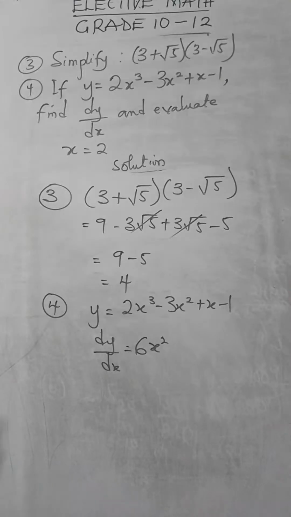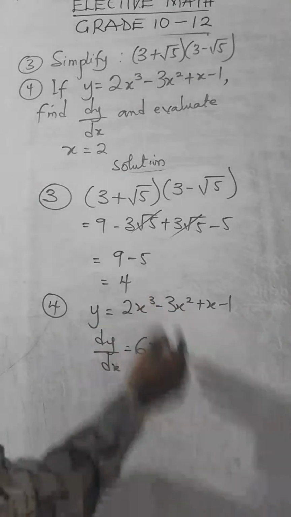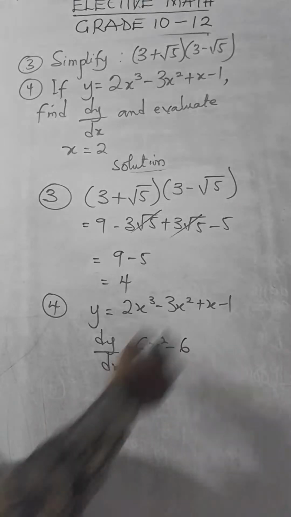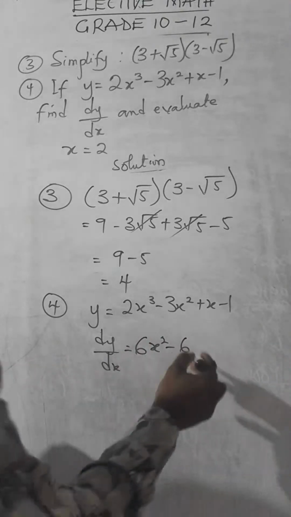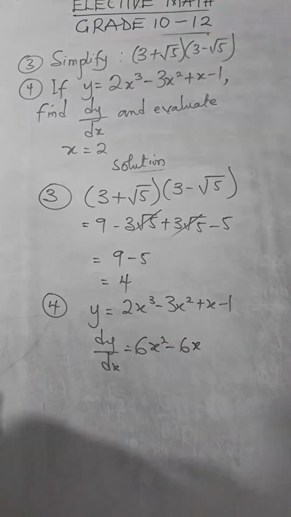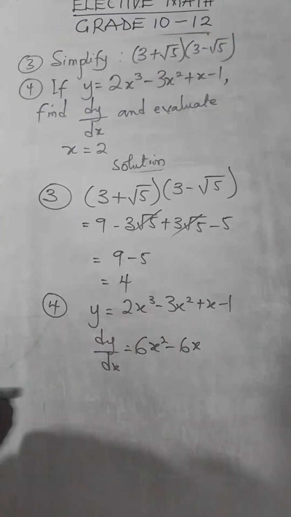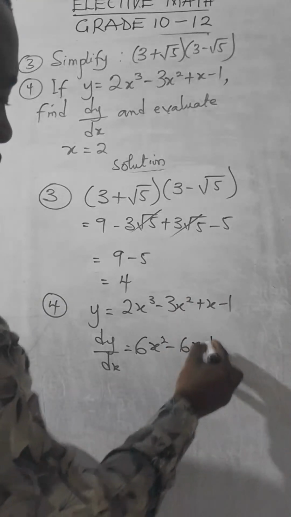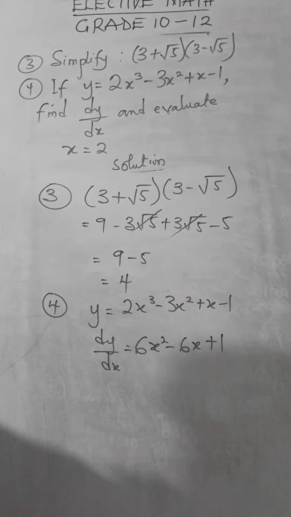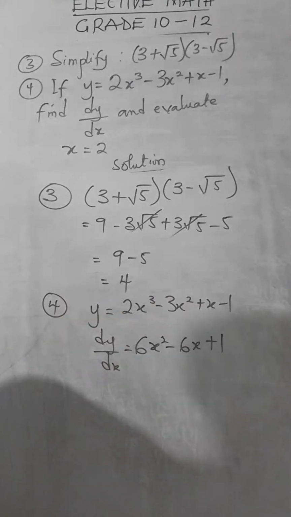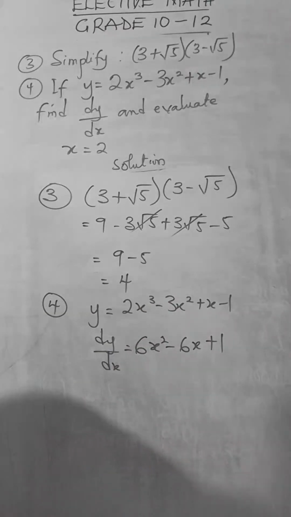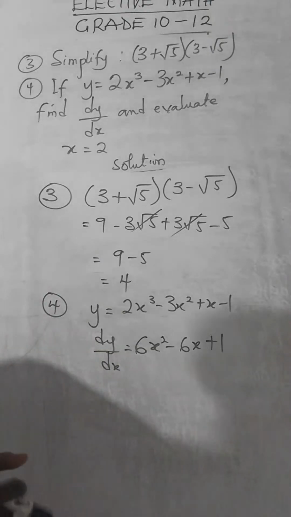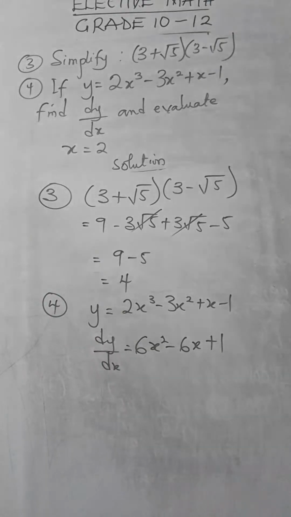The same thing with this: 2 times 3 gives us 6, you reduce the exponent by 1, so the exponent becomes 1. Then for x minus 1, you get x exponent 0, and any letter with exponent 0 gives us 1. So here it leaves us with 1. That is dy/dx, the differentiation here.